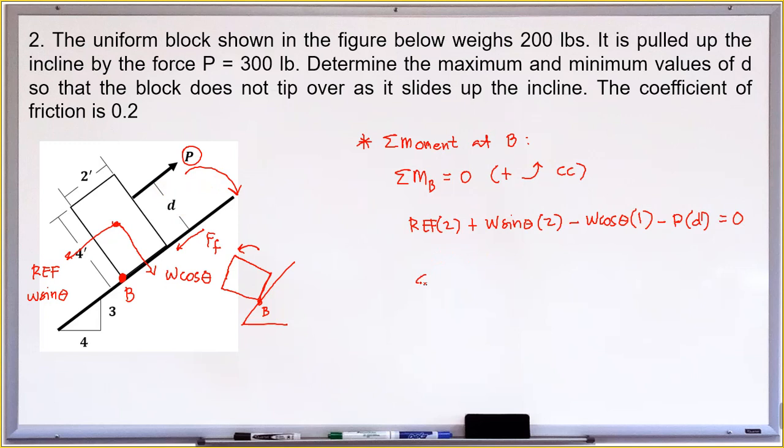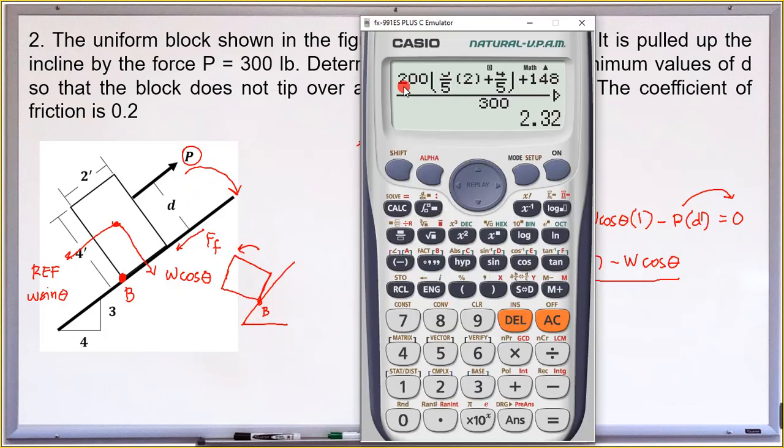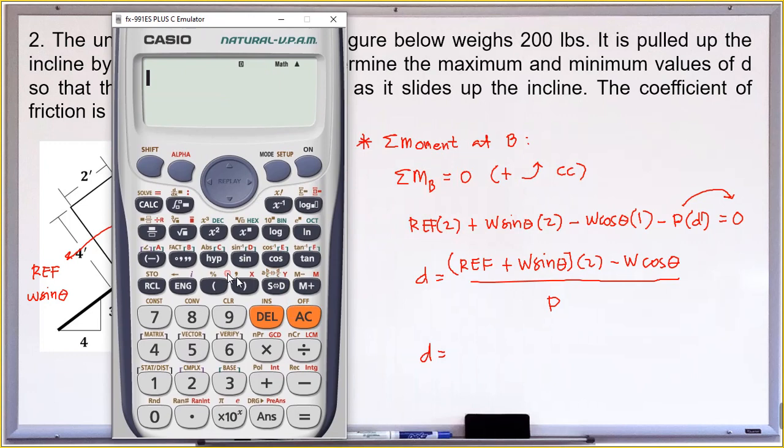So rearranging, solving for D, we have ato lang ni siya gi-transpose, no? So REF plus W sine of theta times 2 minus W cosine of theta. Divide by the force P. So let's see if unsay result niya ani. So we have close parenthesis REF is again 148 plus the weight is 200.